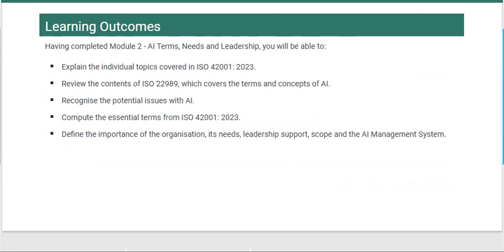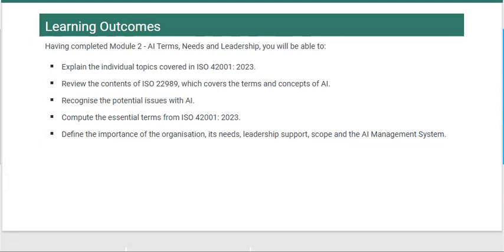Review the contents of ISO 22989, which covers the terms and concepts of AI. Recognize the potential issues with AI. Compute the essential terms from ISO 42001:2023. Define the importance of the organization, its needs, leadership support, scope, and the AI management system.